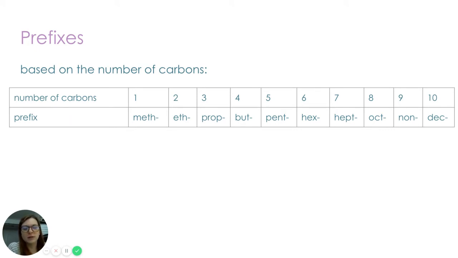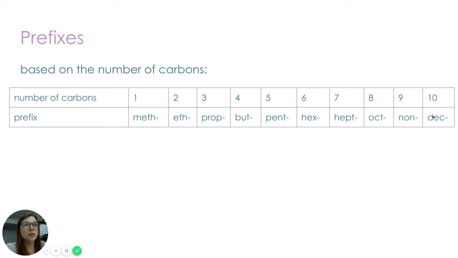It causes the greenhouse effect, so it's more or less in the warming aspect of everything. Then we have ethane. Propane is in a barbecue, like those tanks people use for cooking and camping. Butane is in a lighter. Pentane. We have hexane, heptane. Octane is a component of gasoline. We have nonane and decane.